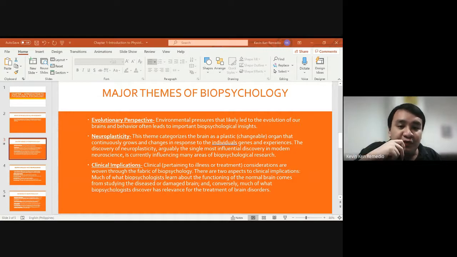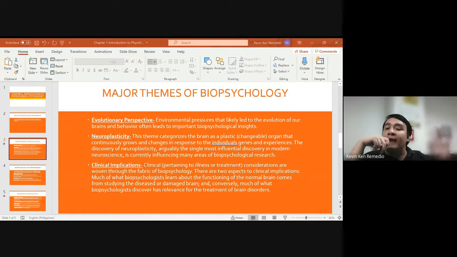So the discovery of neuroplasticity arguably was the single most influential discovery in modern neuroscience. It had a big impact. Before, scientists did not know that the brain could adapt. They believed the brain is what it is: if you are bright, you are bright; if you are dull, you are dull.